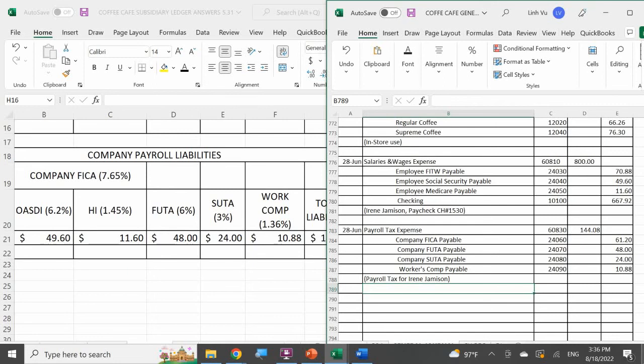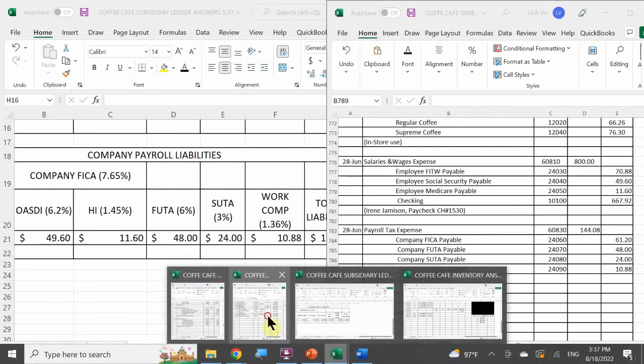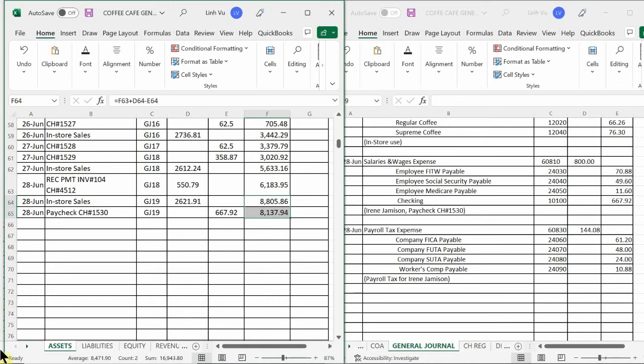Okay. So now that I finished, this is all for Irene. So what do I do now? I gotta plug all my numbers into the ledger. Starting with operating expenses once again.